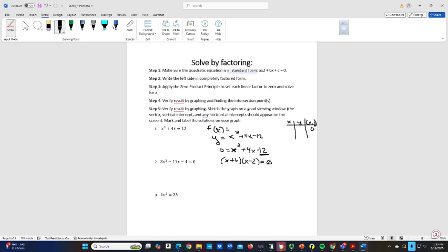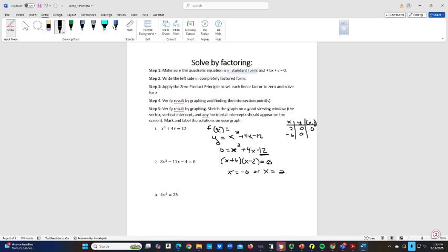And now your solutions for these zeros are x equals negative 6 or x equals positive 2. And so those will be your intercepts. Okay, so we solved for the intercepts of this quadratic equation.